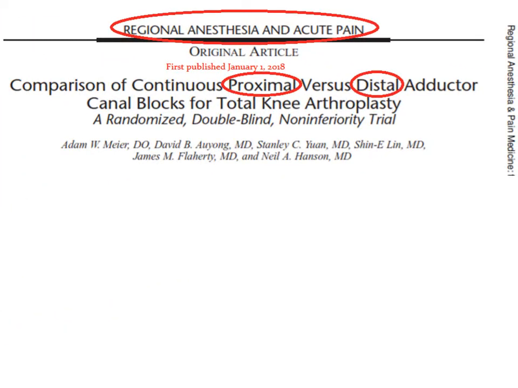Whether we are injecting proximal in the canal or distal in the canal will be visualized by ultrasound. The comparison of continuous proximal versus distal adductor canal block in total knee arthroplasty is the subject of this study published in Regional Anesthesia and Acute Pain.